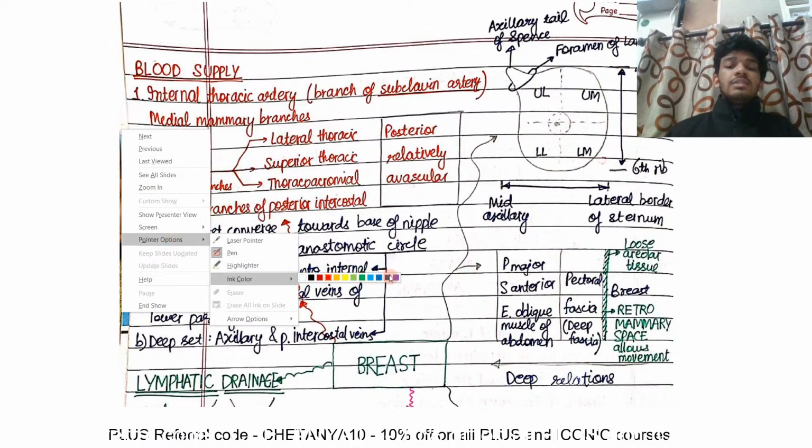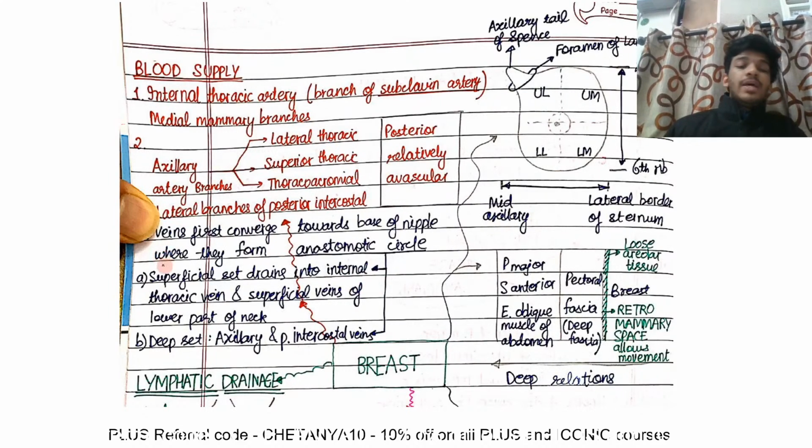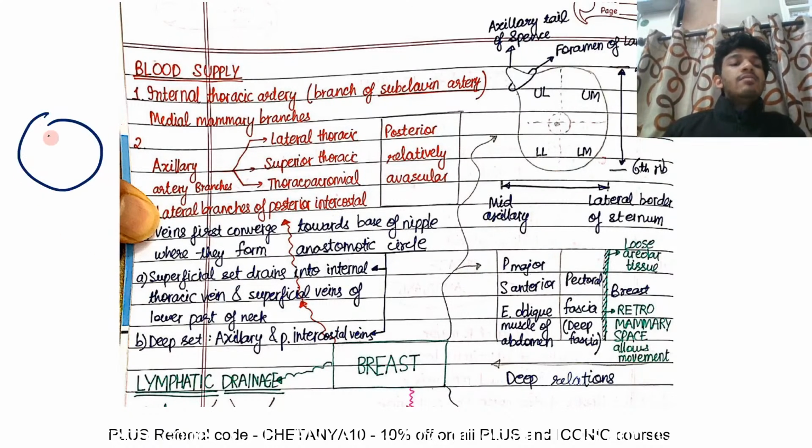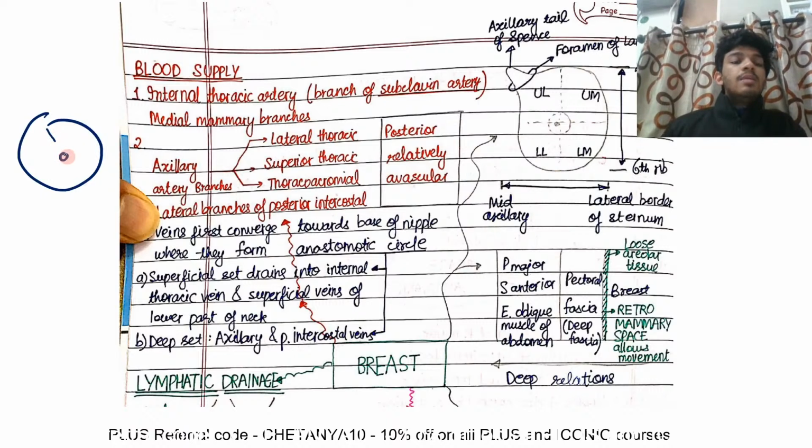Now, if I move to the venous drainage of the breast, the veins first converge towards the base of the nipple. If this is the nipple here, the veins all first come from everywhere and converge around the base of the nipple and form an anastomotic circle, a circle of anastomosis.